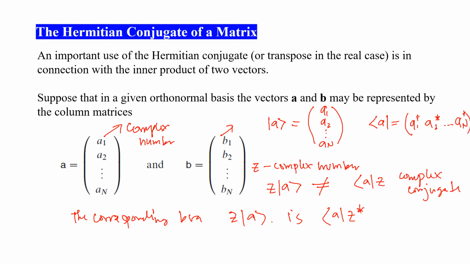That is, we got the complex conjugate of your A components. So your ket is a column matrix, and your bra is a row matrix.